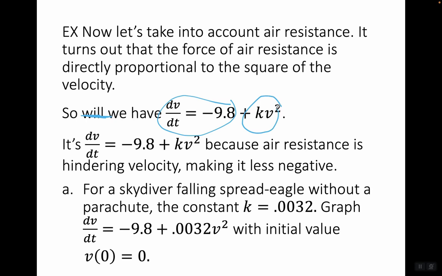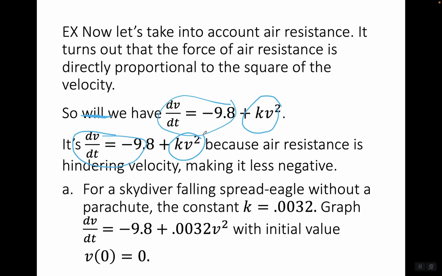Air resistance is proportional to the square of the velocity, and it's going to be dv/dt equals negative 9.8 plus kv squared, because air resistance is hindering velocity. It's making it less negative. See, dv/dt is negative, and then the air resistance is going to slow it down. It's going to make it less negative, so you would add kv squared.